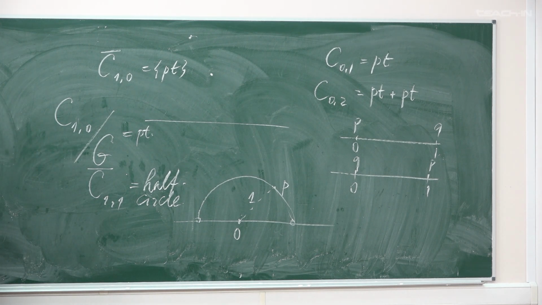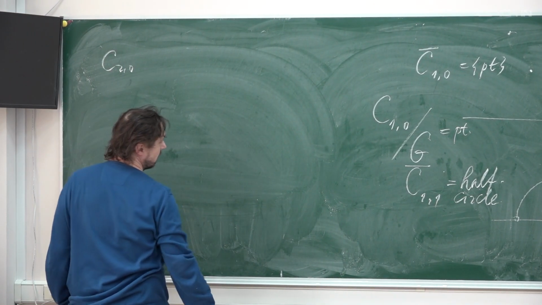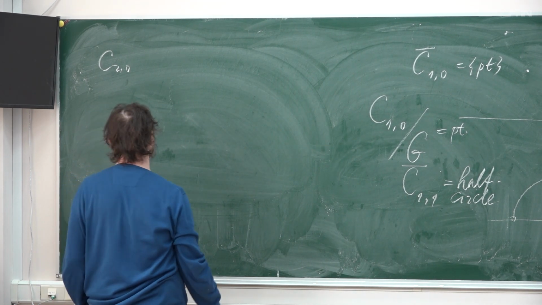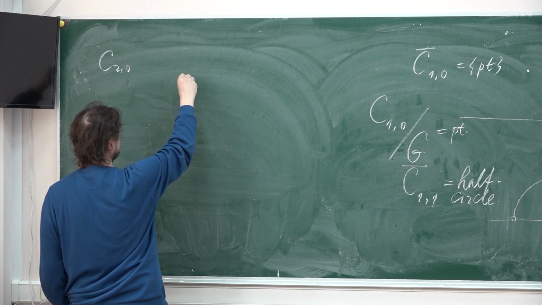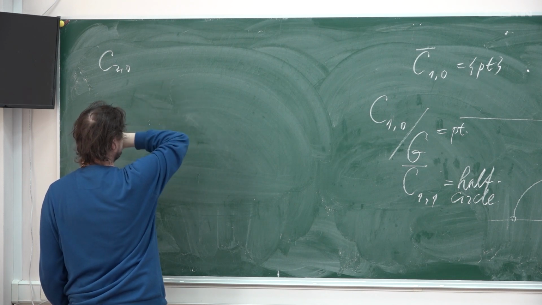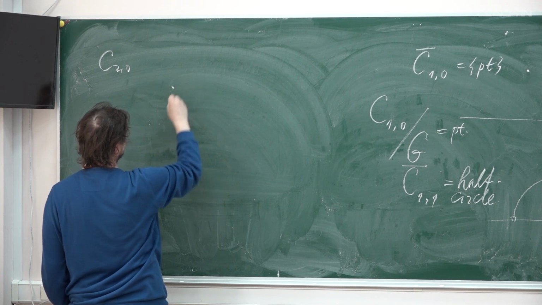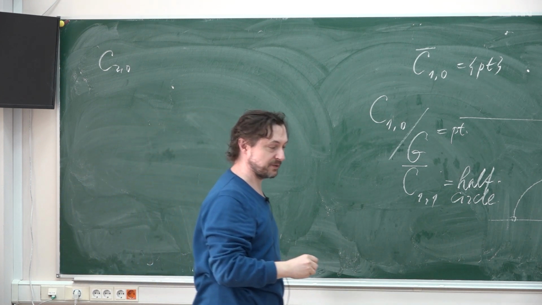And finally, the most interesting part of the discussion of this set of examples is the configuration which involves 2 points in the upper half plane. C20. So now we can assume that one of the points is... okay, I think it is better to begin with a different thing.